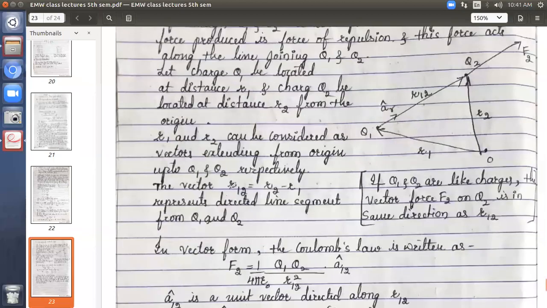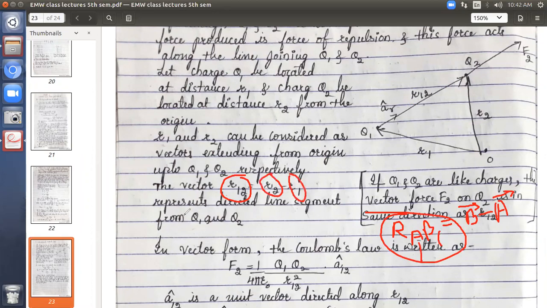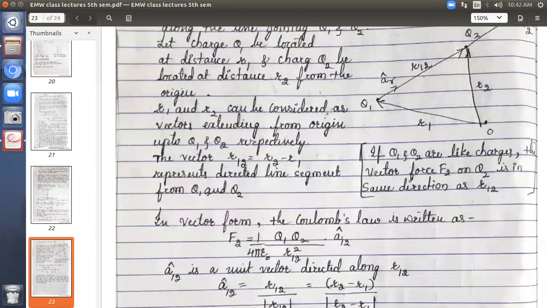So R12, how to write this? In yesterday's cross product problem, if it was R suffix AB, you took B vector minus A vector, right? In order to get this position vector RAB, second value minus first value. That's why it is R2 minus R1. This represents the line segment. That's the position vector, the distance between Q1 and Q2, R suffix 1, 2. Now, in vector form, how to represent?